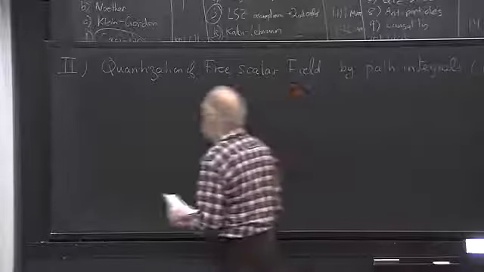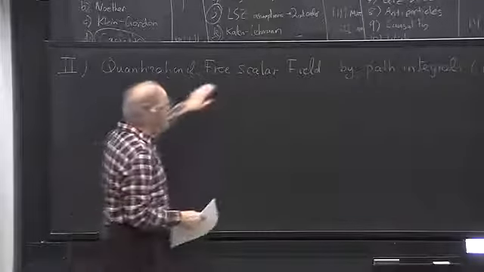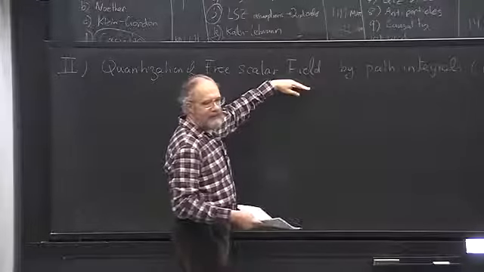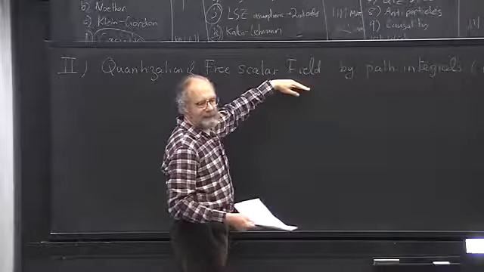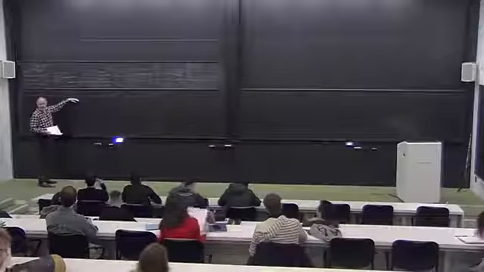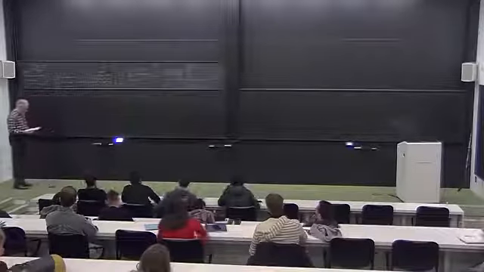Okay. So the free scalar field is the object that describes the second quantization of the relativistic particles, of the second quantization of the Klein-Gordon field, of the Klein-Gordon equation.